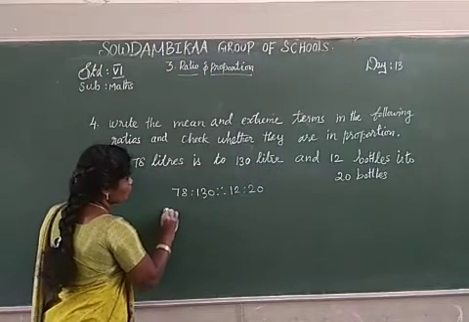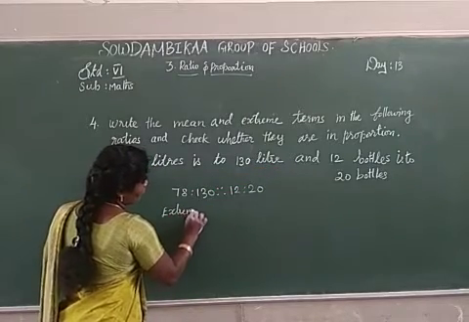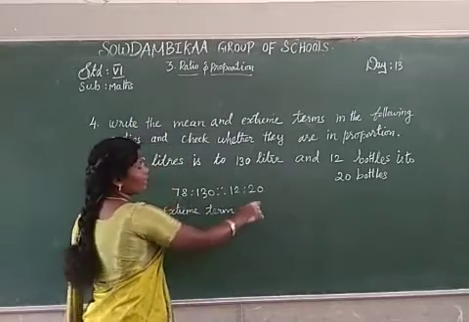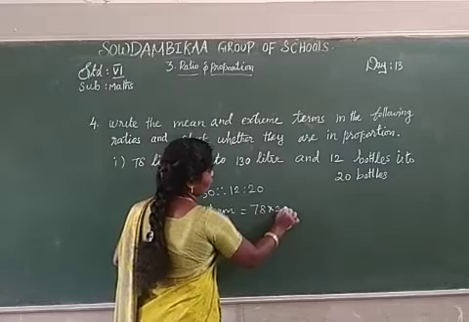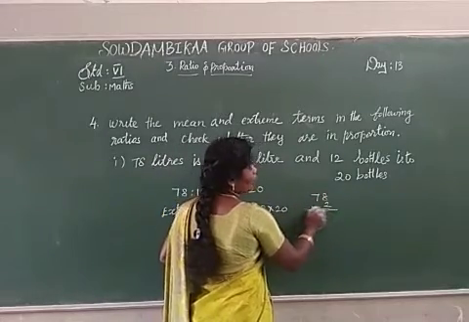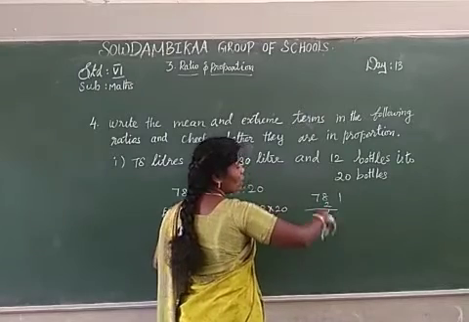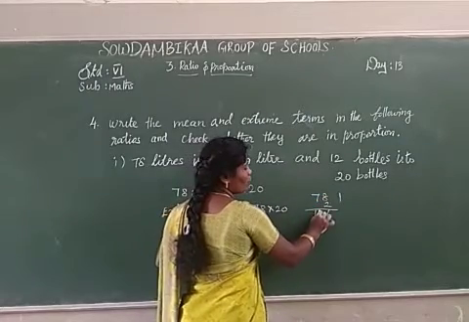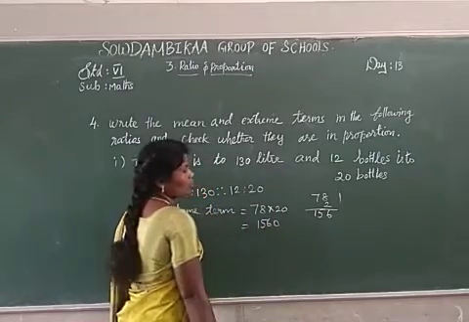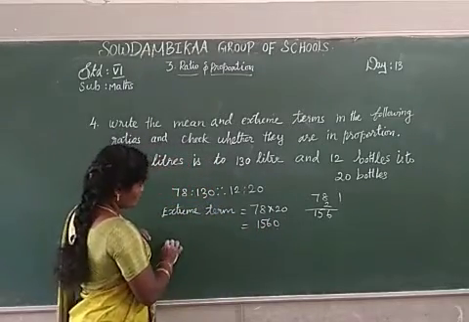Now multiply the extreme terms: 78 into 20. Multiply only the numbers. 78 into 2: 8 2s are 16, 6 remaining 1. 7 2s are 14, 14 plus 1 is 15. How many 0s remaining? 1 zero. Add 1 zero. The answer is 1560.